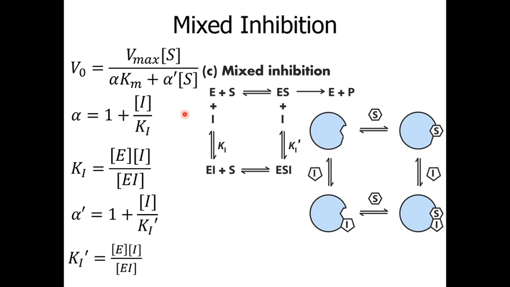For a mixed inhibition, the Michaelis-Menten equation changes in this format. Km has a term alpha, which means that apparent Km changes. And in the denominator, the concentration of substrate has another term, alpha prime. So the equations are pretty similar to what we have seen before.